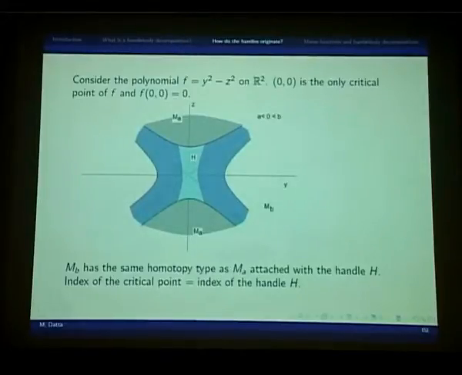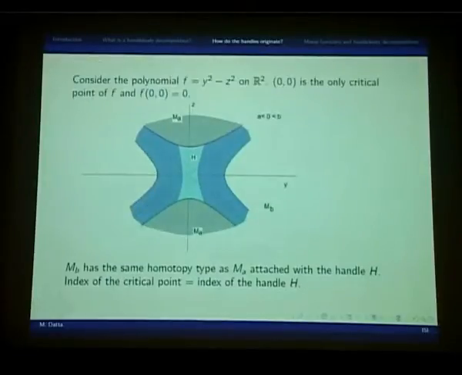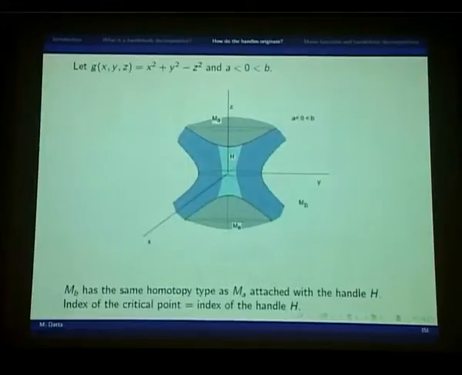So now I consider this polynomial. The whole figure you can get just by looking at the previous figure, there is no difference actually. I have taken a solid of revolution by taking revolution about the z axis. So I go into 3 dimensions.